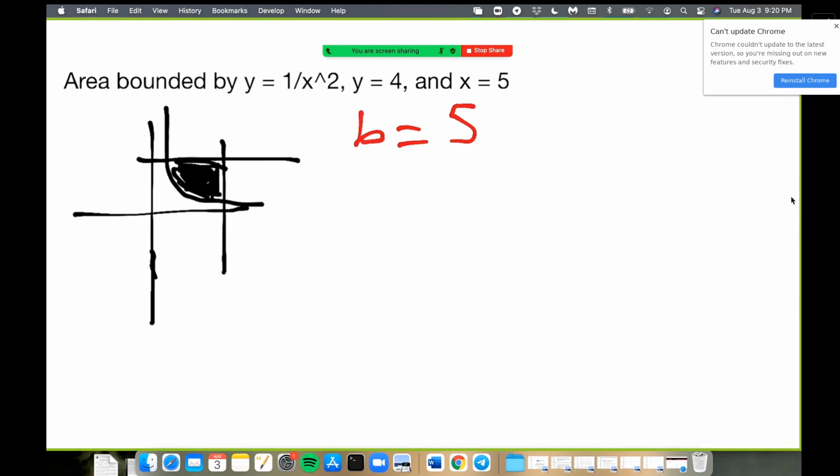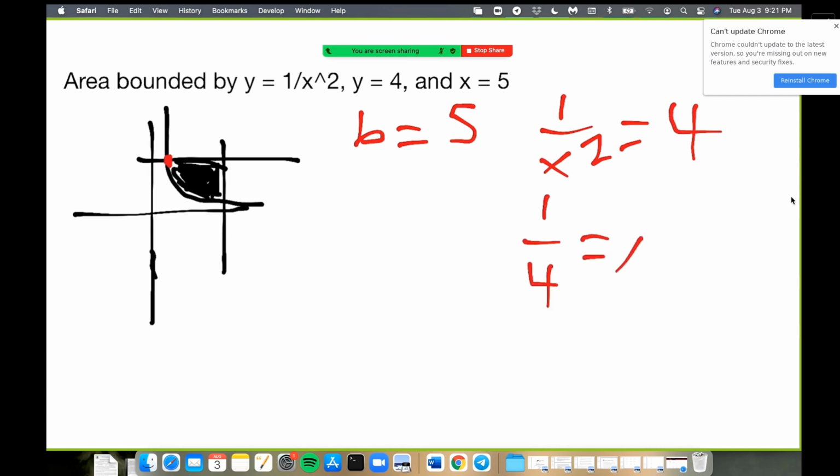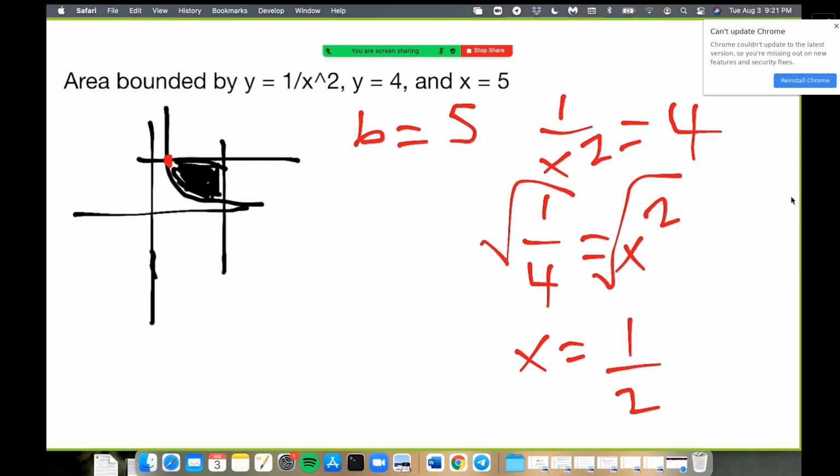And then let's say the other bound is defined by this point right here. So to get this point, you need to solve for x. So I guess you'd say 1 over x squared equals y equals 4. So that's how you're setting those values together. You get 1/4 equals x squared, and then you square root these values, and you get x equals 1/2. So then let's say that at this point, the lower bound is 1/2.